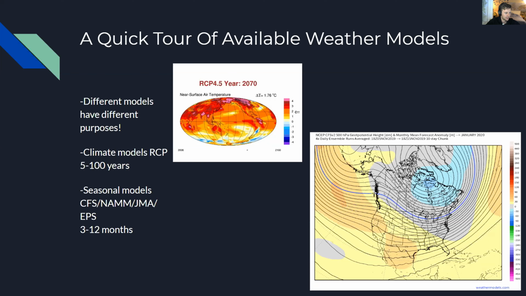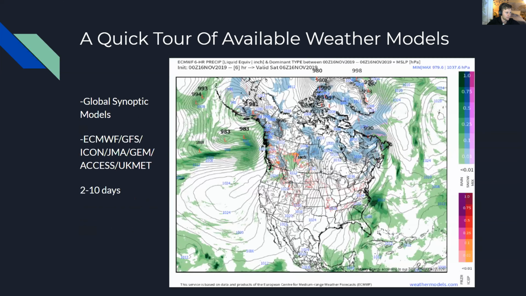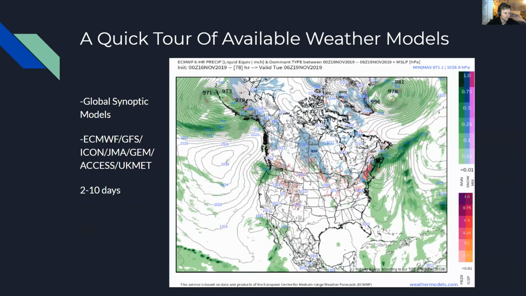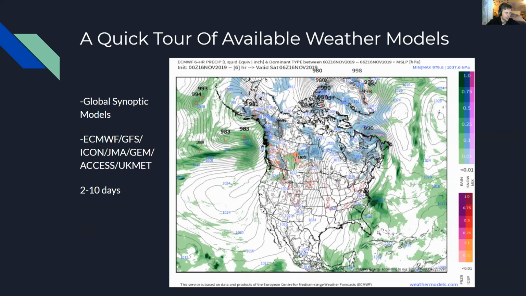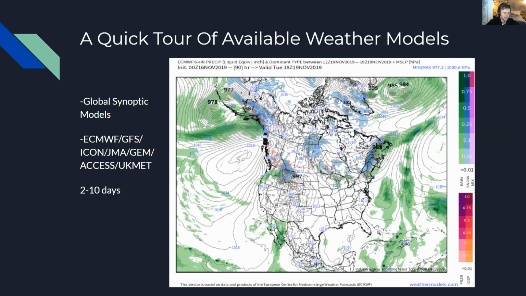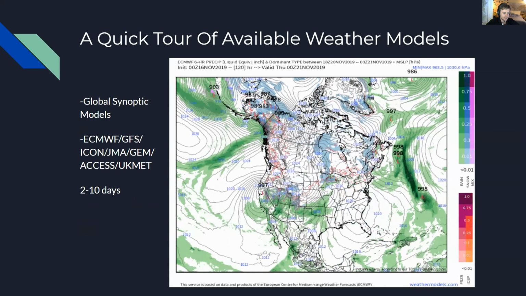Moving down the timescales, we have these seasonal models. This is supposed to tell you, is it going to be a warmer or colder than average winter? 3 to 12 months is about where these models are looking. The models that you probably most often hear about and that we most often use are these synoptic weather models. These are basically designed to say, is it going to rain 6 days from now?